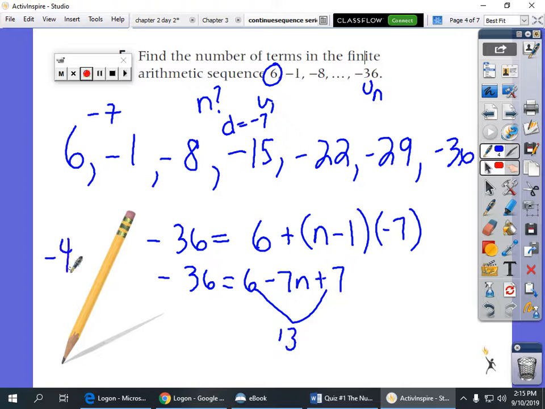So I have negative 49 equals negative 7n. I did something wrong. I'm supposed to subtract 13, but n, oh, never mind. n equals 7. Sorry. I thought I needed a negative 7, but no. So it's the 7th term. I was looking at the wrong thing.